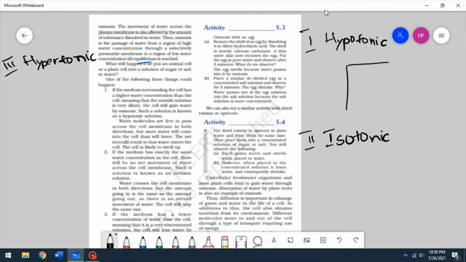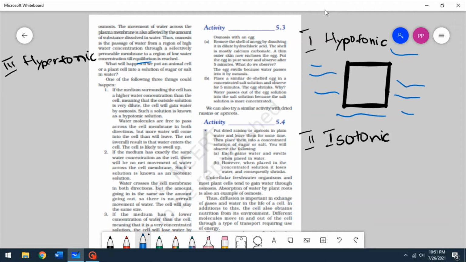Hypotonic, let's just draw a cell here, and this is the salt or sugar water. If you don't have microscopes, you can also use sugar water with a raisin or a dried grape that's put inside it.